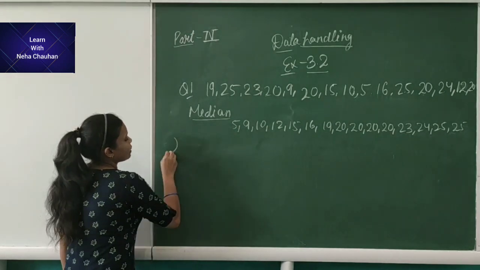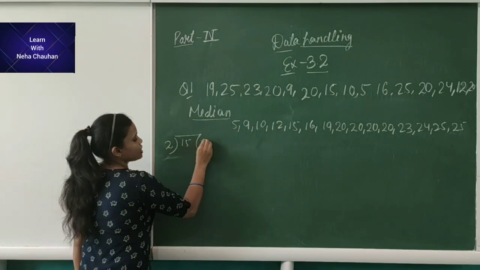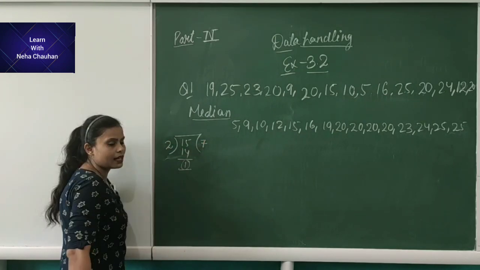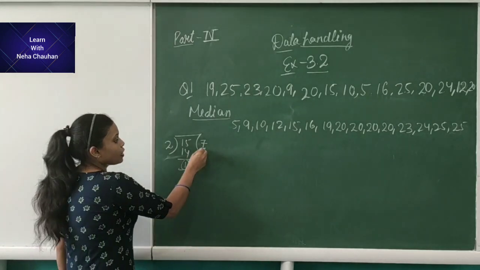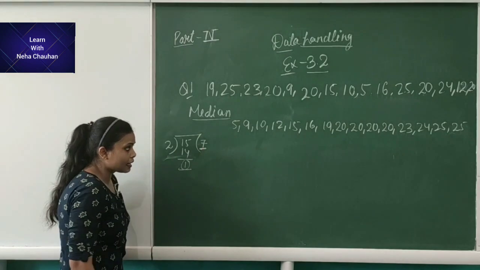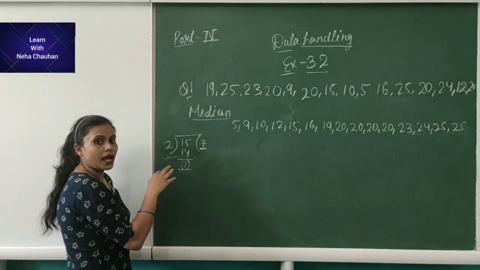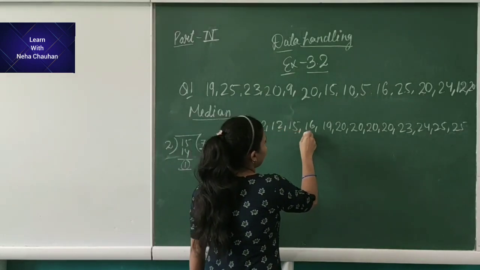15 divided by 2, we get quotient 7 and remainder 1. This 7 represents that we need to leave 7 numbers from the left and 7 from the right side. 1, 2, 3, 4, 5, 6, 7.